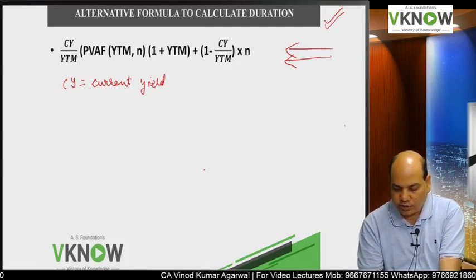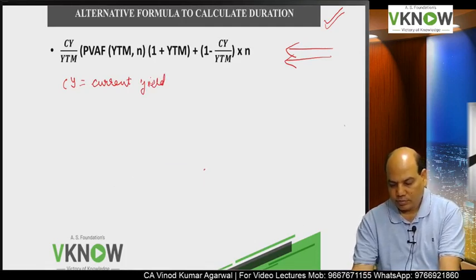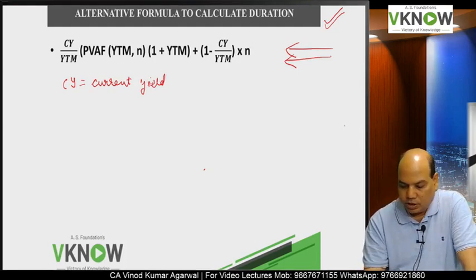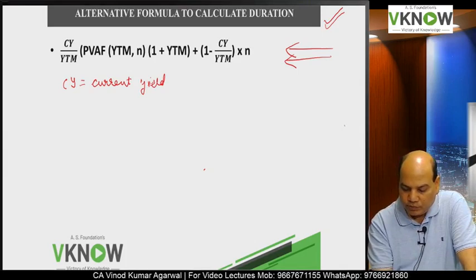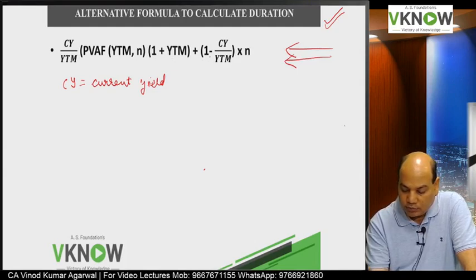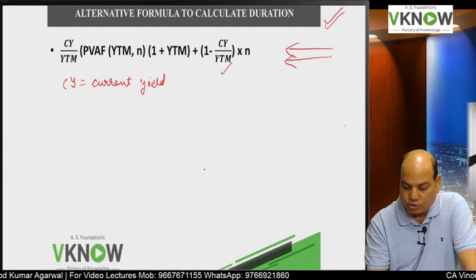So CY stands for current yield. YTM is yield to maturity, that you know. CY upon YTM into PV annuity factor of YTM and number of years into 1 plus YTM plus 1 minus current yield upon YTM into N.